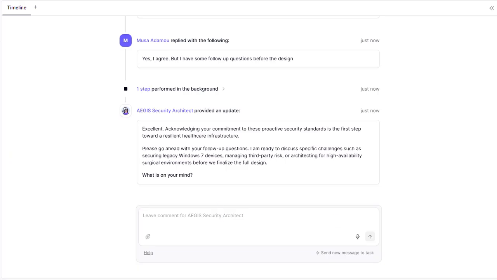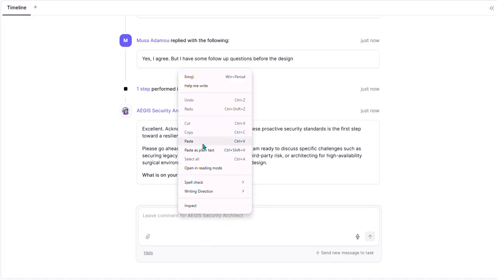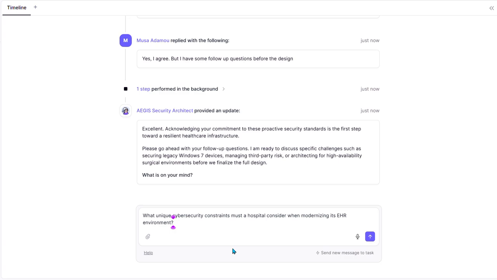We want to test this agent in so many ways. So the first question that we're asking the agent is about constraints. The question is: what unique cybersecurity constraints must a hospital consider when modernizing its EHR environment?